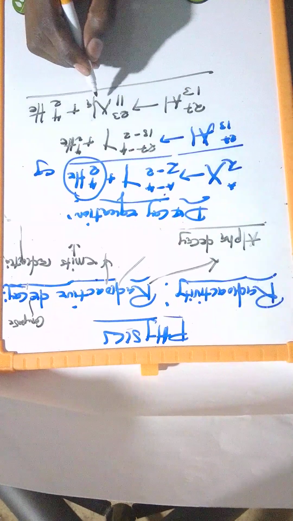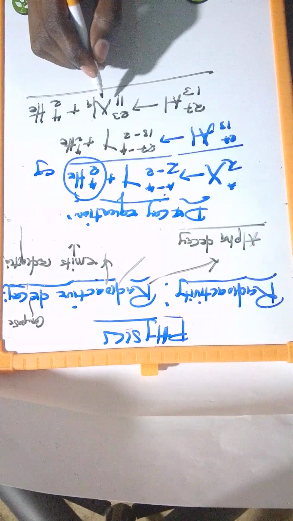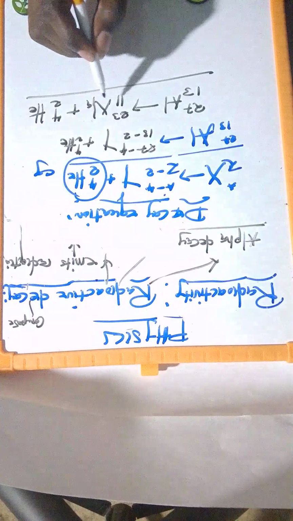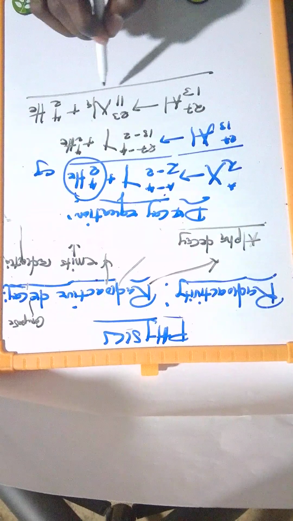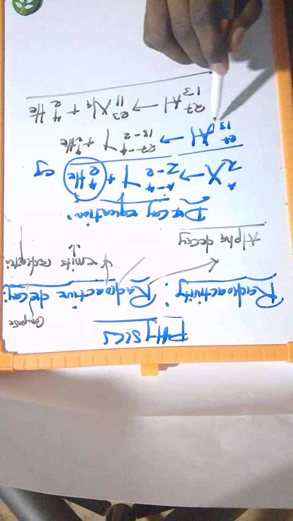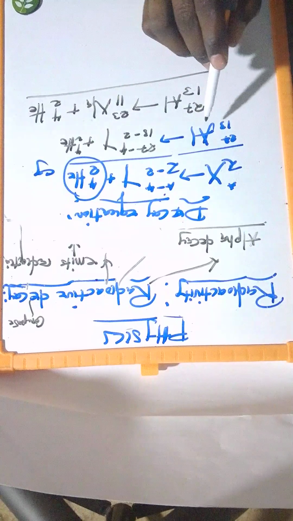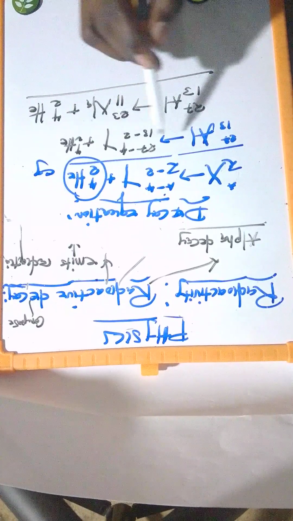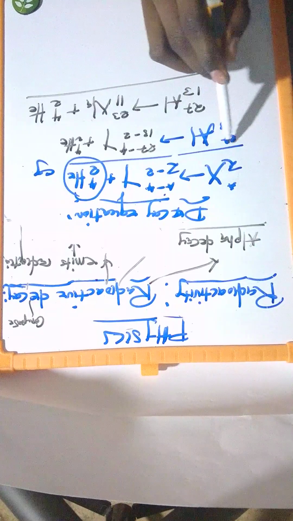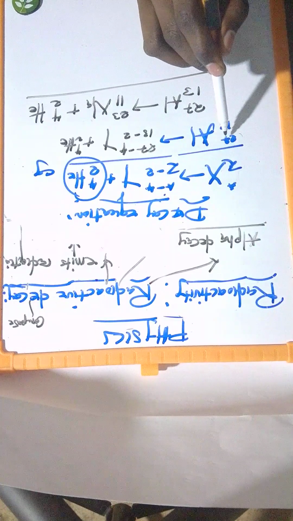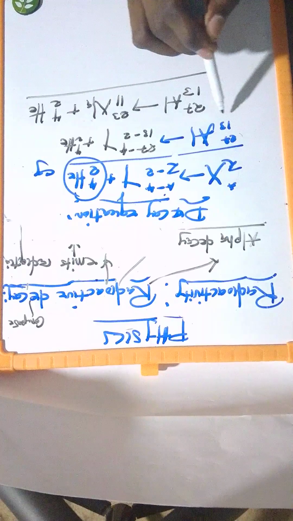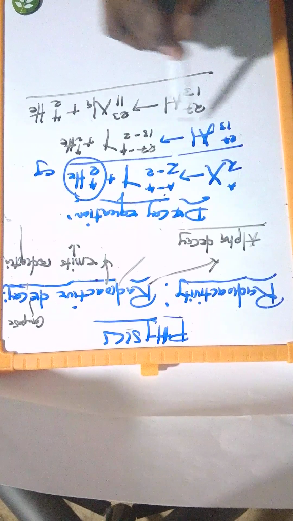So sodium is the daughter nuclide which has been produced from the parent aluminium. So what has happened is that we have removed 4 from the mass number of aluminium to get 23. Again, from its atomic number, we have removed 2.